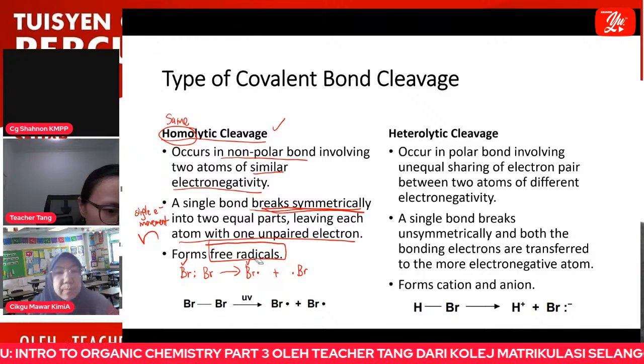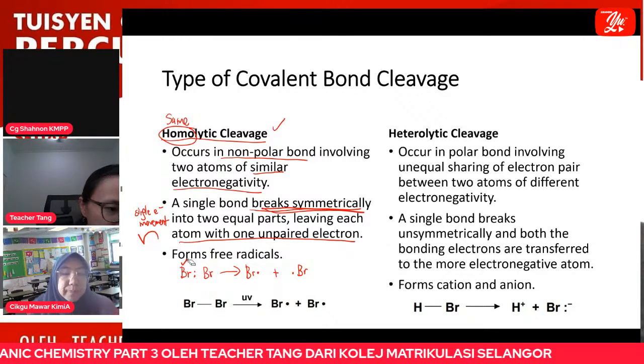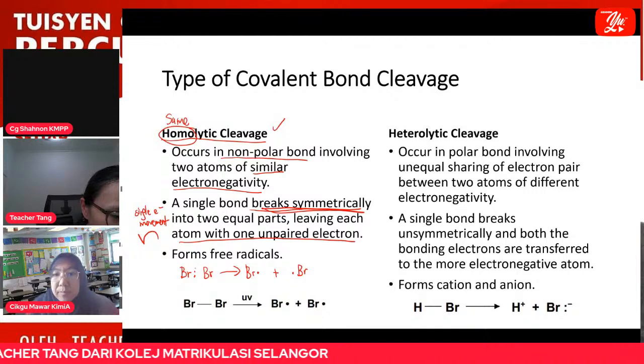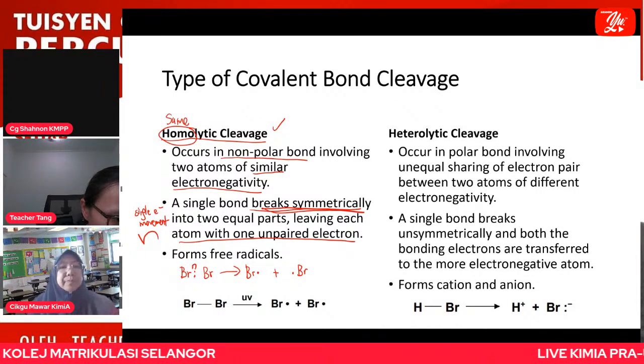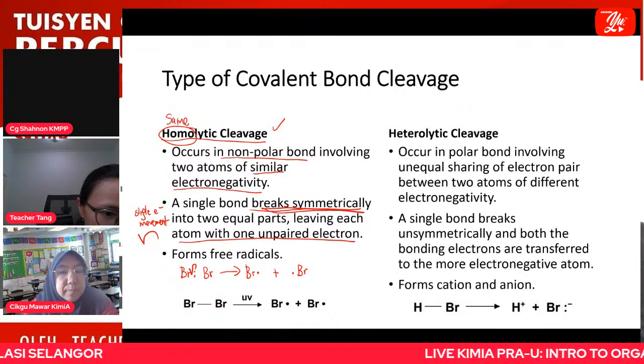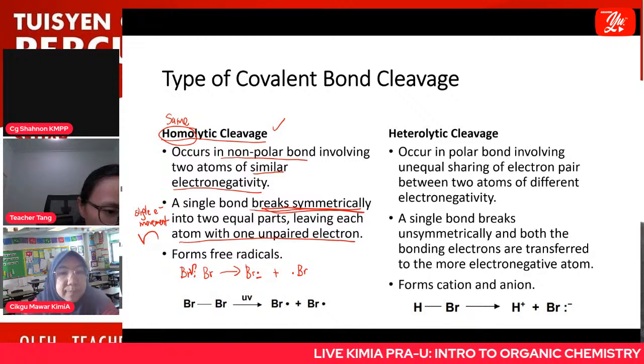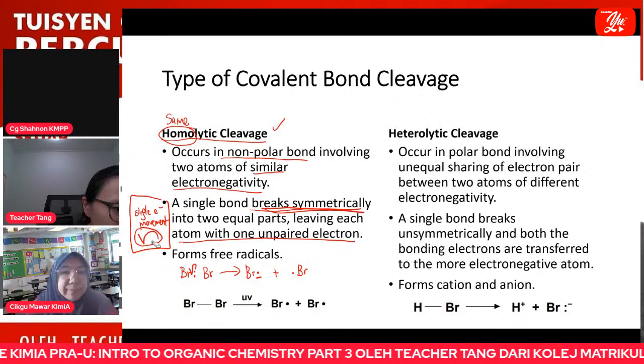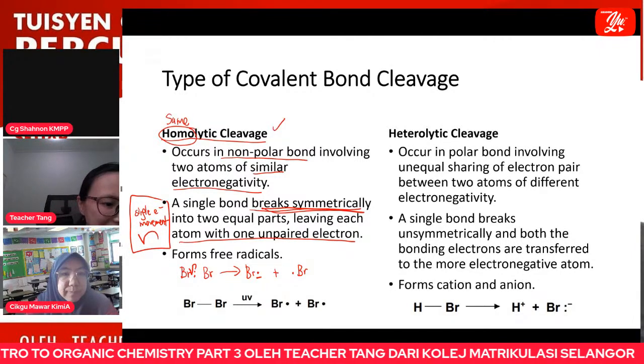So how do we use arrows to represent the homolytic cleavage? Basically, from this electron, it will go to the side like this. We are moving a single electron, therefore we use a half-headed arrow to represent the movement of a single electron.